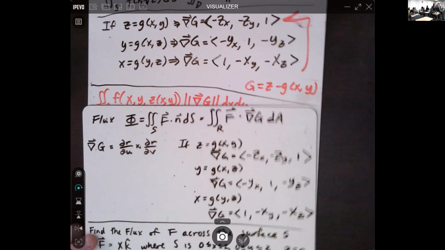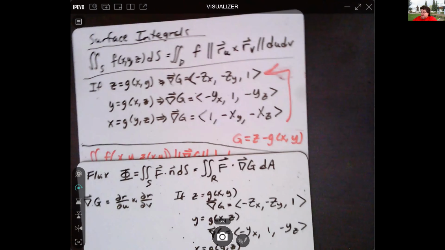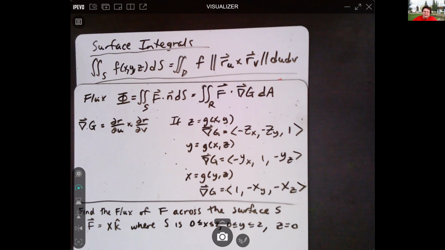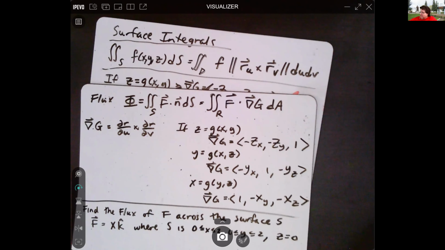Flux looks very similar. So let's show the difference between the two things right now. For surface integrals, I have F and then the magnitude of RU cross RV. For flux, F is now a function and it's dotted with N. N is RU cross RV.